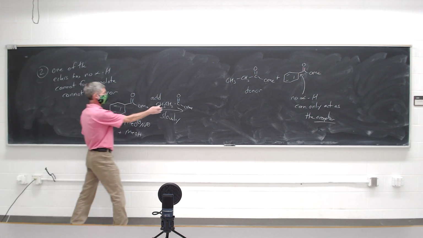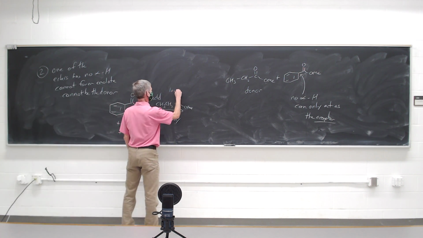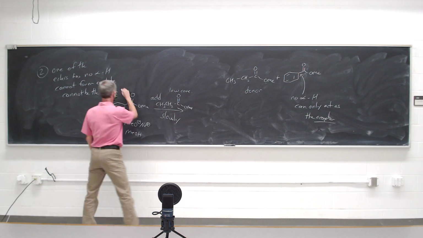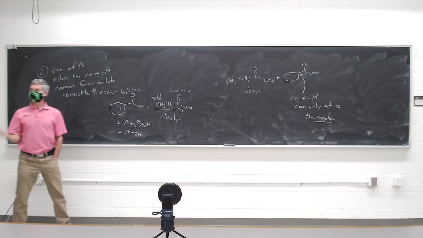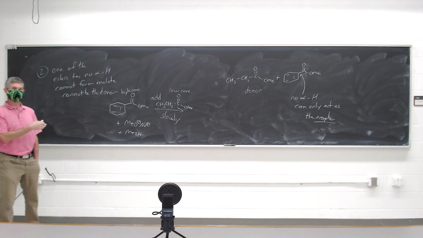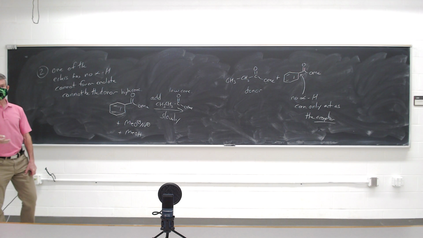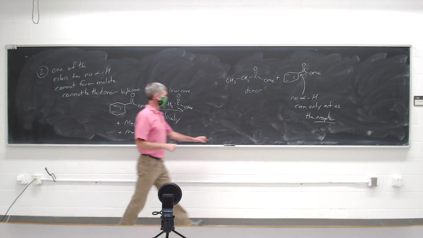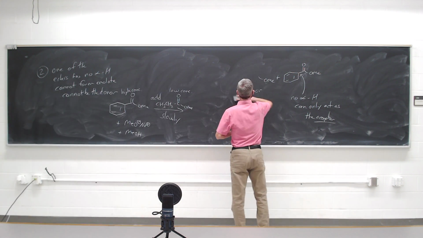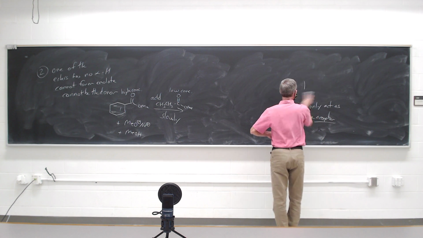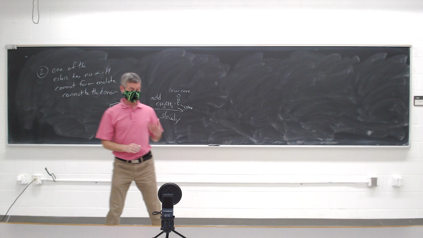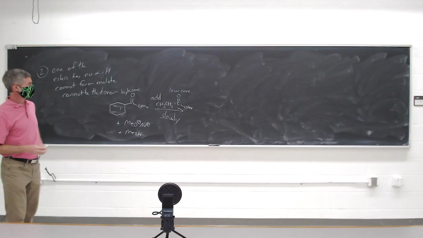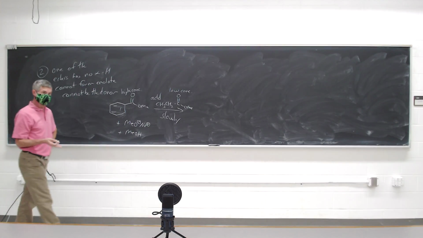So you'll always have a relatively low concentration of this, and a relatively high concentration of the acceptor. And if you can keep the donor in low concentration and the acceptor in high concentration, you can get that reaction to occur favorably. Right? So when the acceptor molecule has no alpha hydrogen, you can get a crossed-Claisen. So that's number 2.